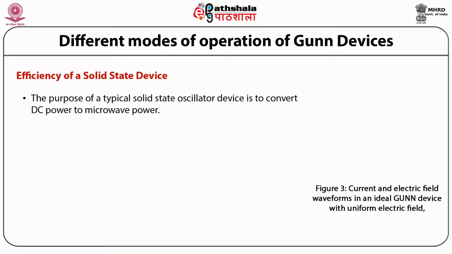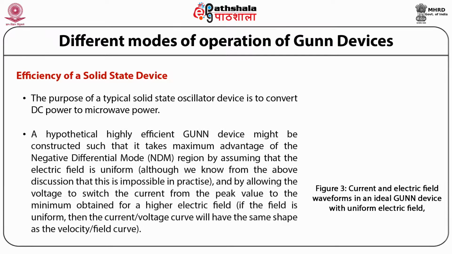The efficiency will therefore be defined as the ratio of the output power, the microwave one, to the DC power supplied.